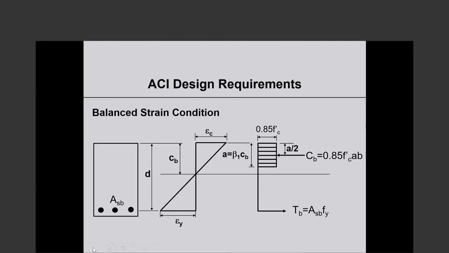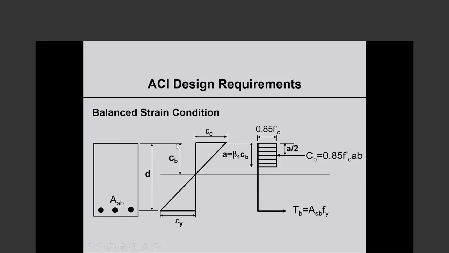Balanced condition is when the tension reinforcement yields at precisely the same time that the extreme compression fiber strain reaches a value of 0.003. Okay, so the tension reinforcement area that will produce balanced condition is A sub SB, B for balanced.